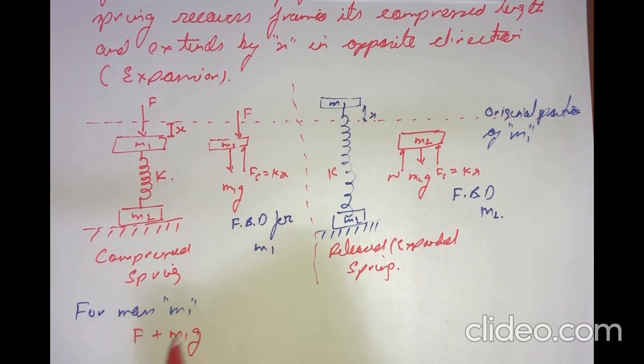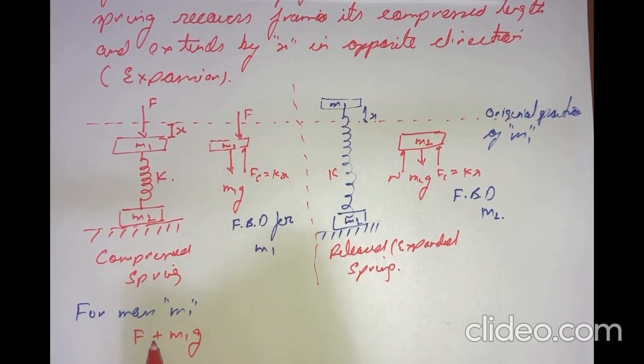So for mass M1, F is equal to M1G and Fs, so F is equal to Fs plus M1G.